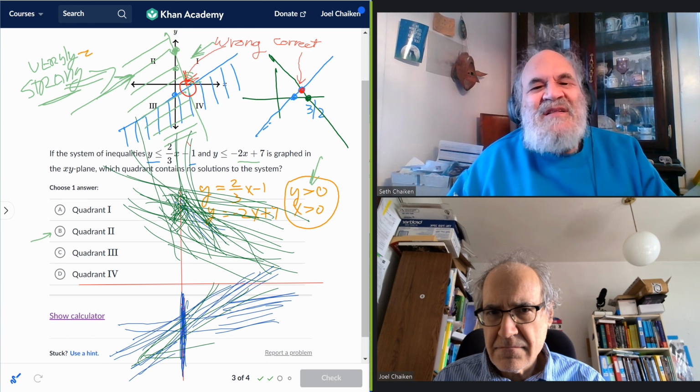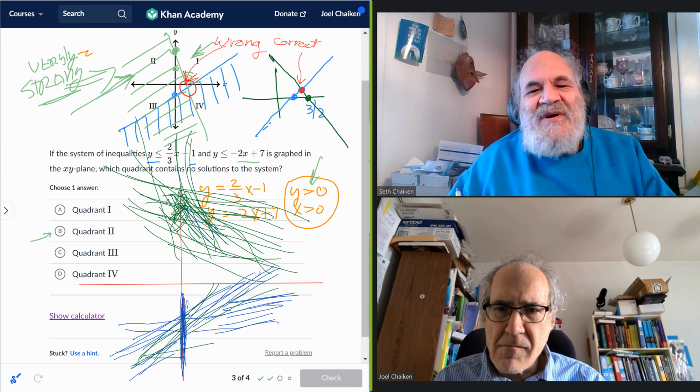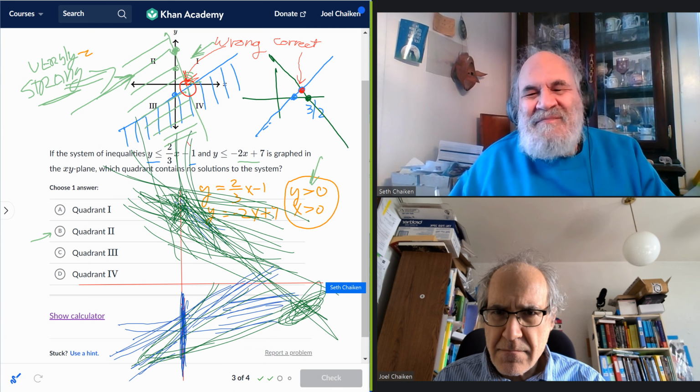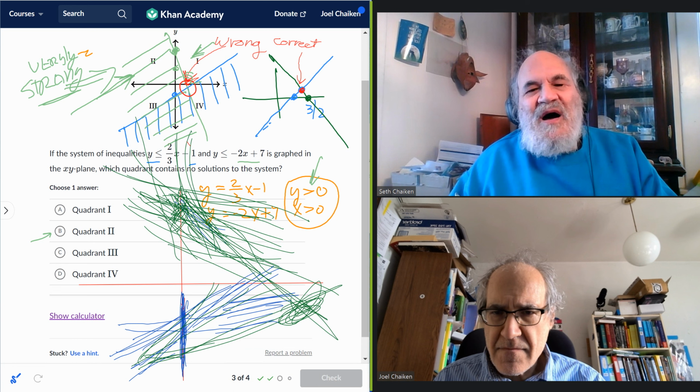So any green line and any blue line intersect to the right of the y-axis.